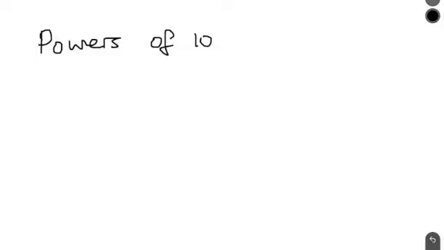In this video, we'll be reviewing and understanding the powers of 10. The positive powers of 10 are easy to write, and that is because the exponent matches the number of zeros that you'd find in the product or the answer.